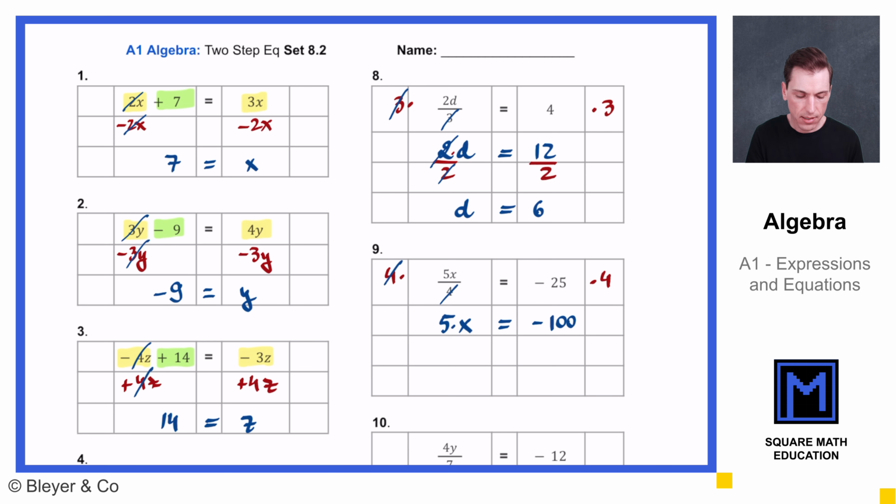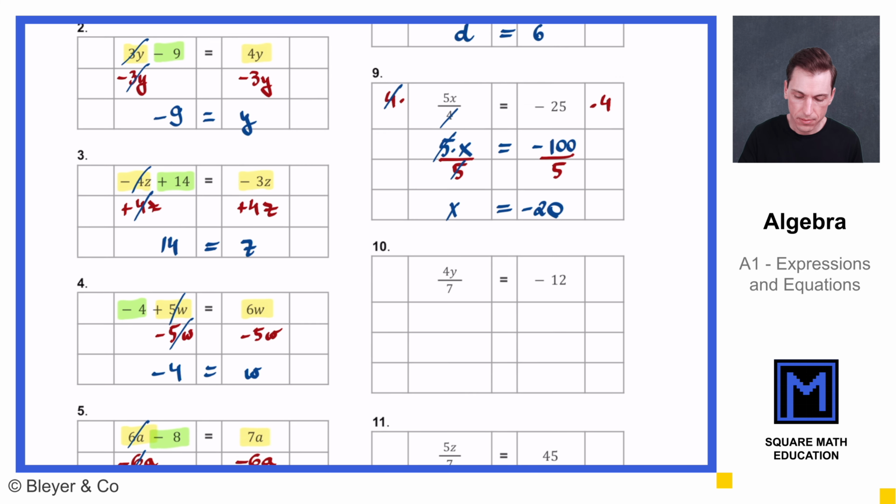And the next step, we're going to divide by 5. 5 divided by 5 is 1, so x equals, we can also use factors here to see that this is 20, minus 20. A negative number divided by a positive is negative.